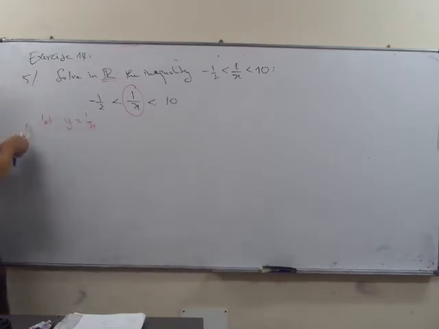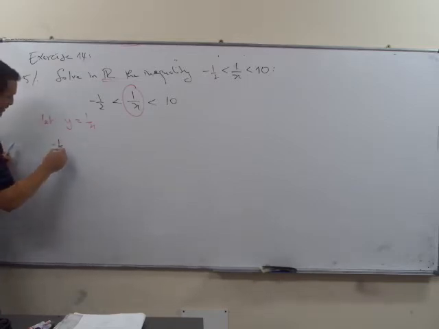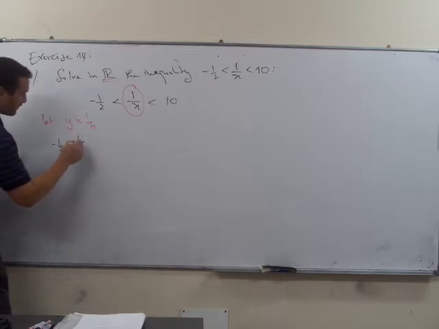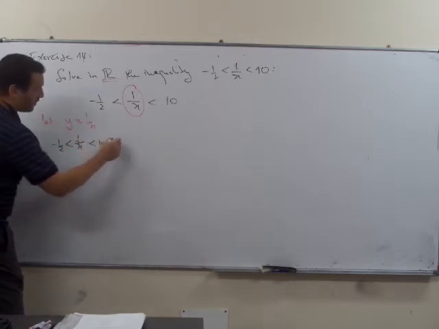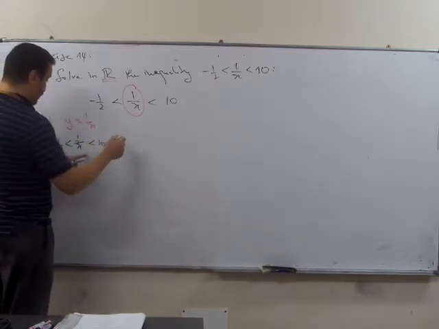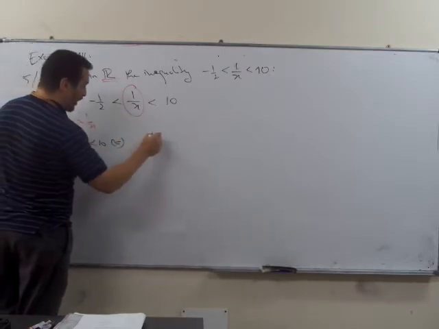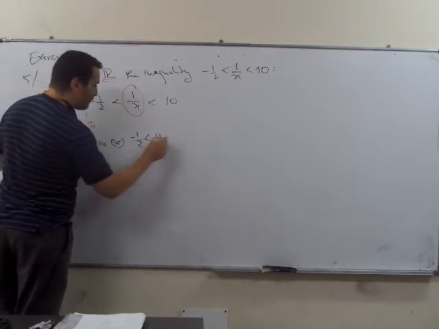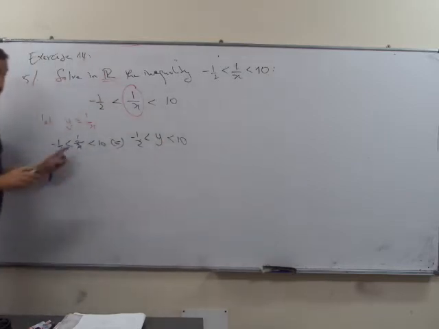Then what I have here is negative 1 over 2 less than 1 over x less than 10. This comes to say that y is more than negative half and less than 10.